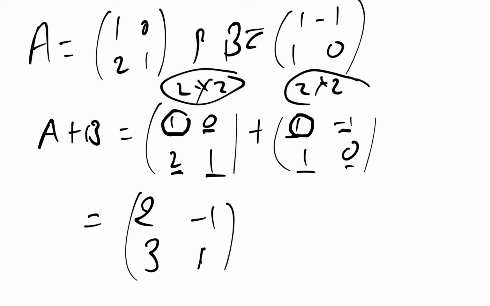We wouldn't say 1 plus 0. You don't do that. You just add elements that have the same corresponding position, and your answer will also be in that same position. I'll make another example.